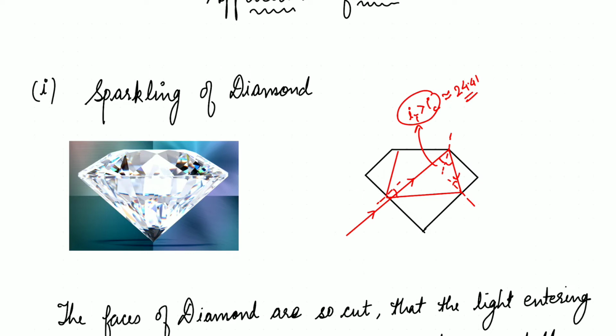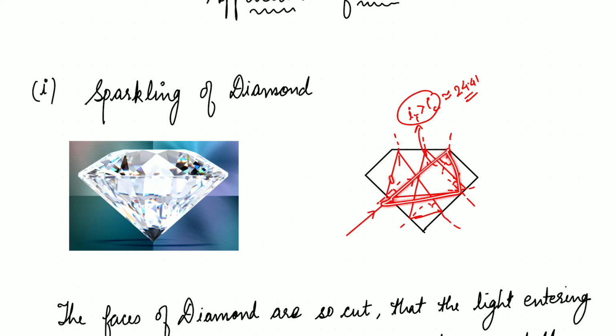Why is this happening? Because of the cutting that is done, which I showed you guys, right? So there will be multiple total internal reflections. Because of this, what is actually happening? The light ray enters from this particular place, and it is not going out, right?